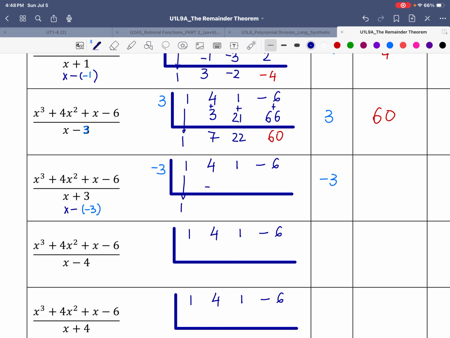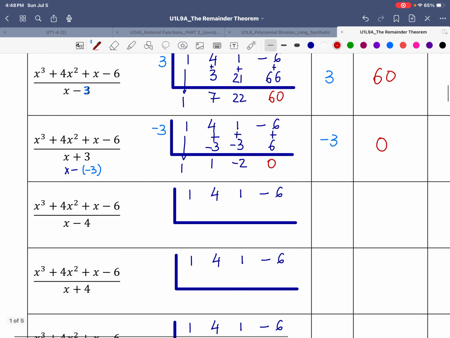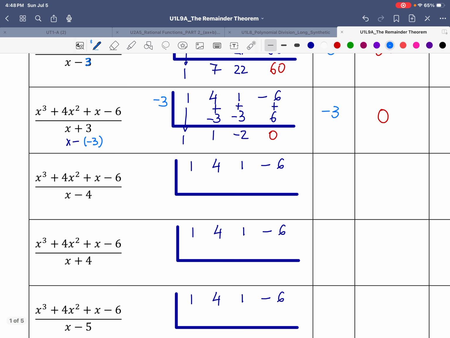Add: 4 plus negative 3 is 1. 1 times negative 3, negative 3 again. Add: negative 2. Negative 2 times negative 3 is positive 6. Add again. We get 0. Remainder is 0. Next, we're dividing by x minus 4. So we're subtracting 4 from x, which makes the value of b 4.